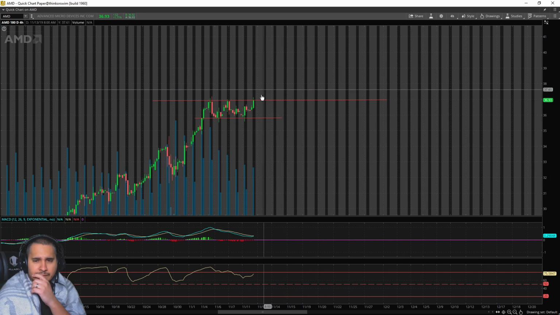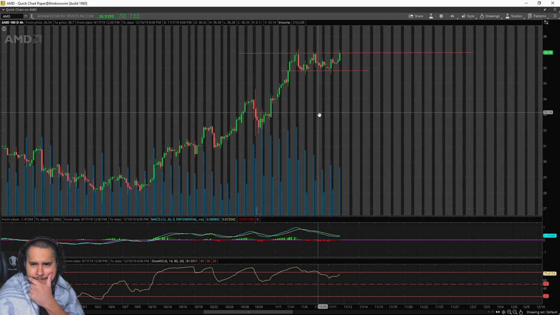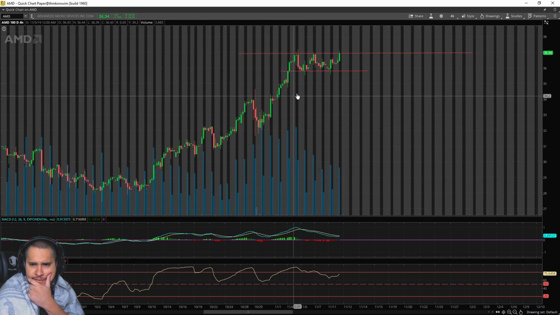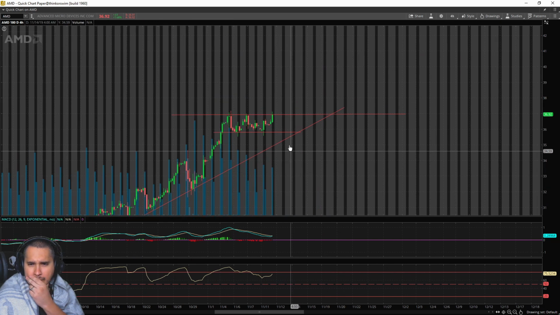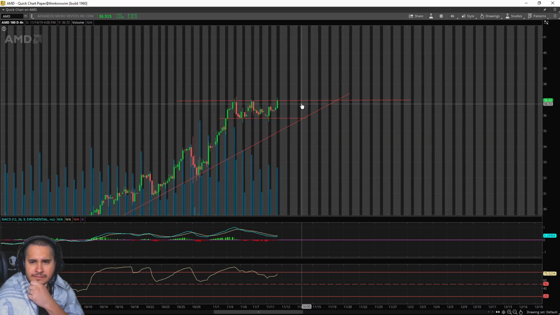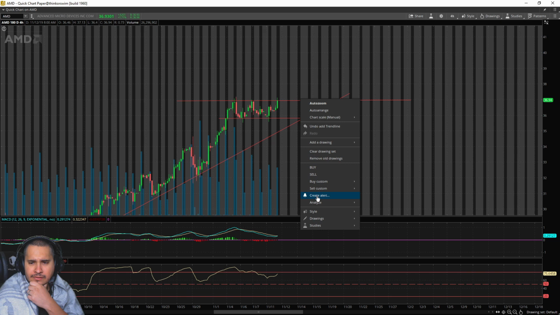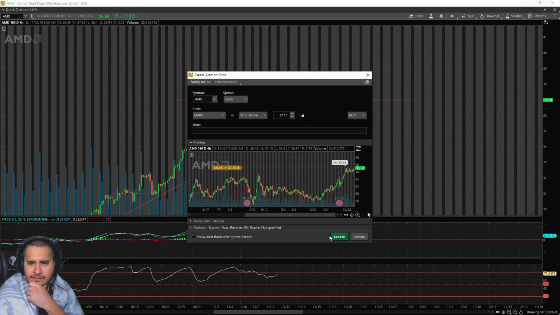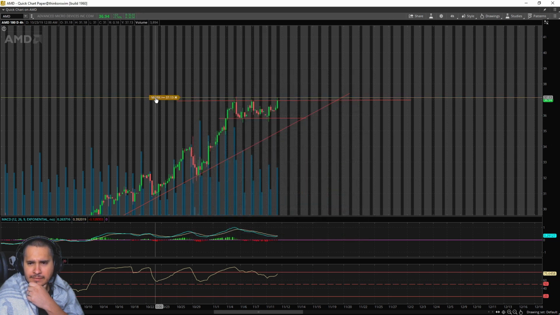It's looking good though for the breakout. That would be a triple top, I guess, if it touches that. And then this, is there something here? Okay, we'll keep an eye on this too. Let's go ahead and do an alert right here. Maybe a little bit higher.